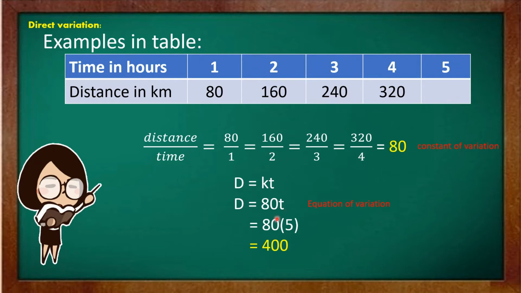Our t is 5. So 80, our constant, times 5 is 400. Meaning, if you travel for 5 hours, you have 400 kilometers. So that will be direct variation in terms of a table.